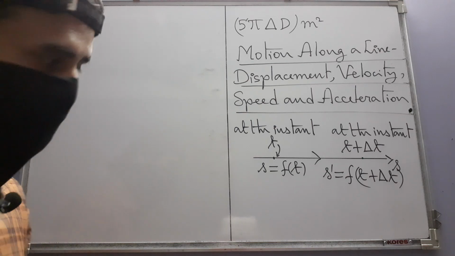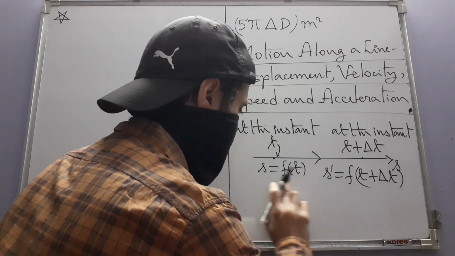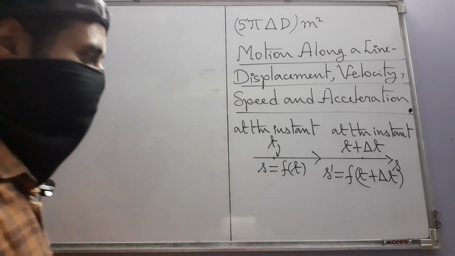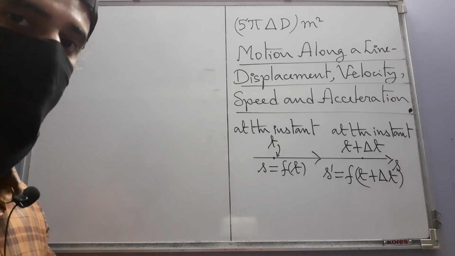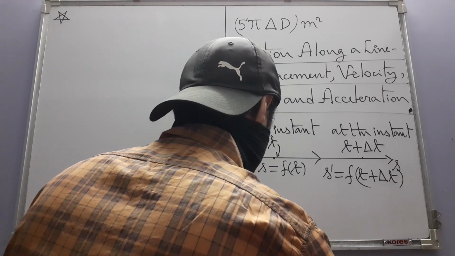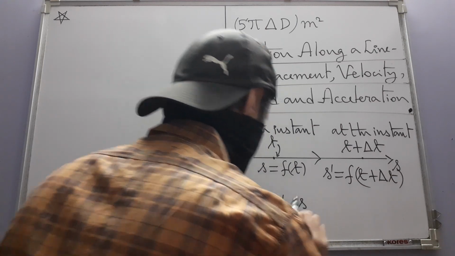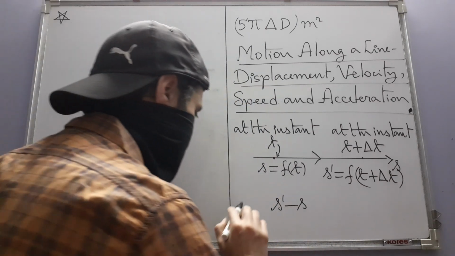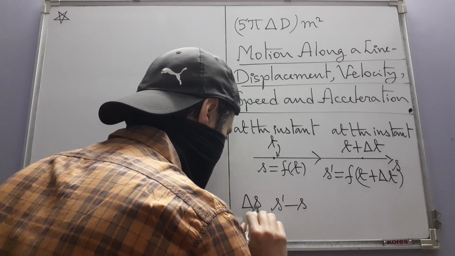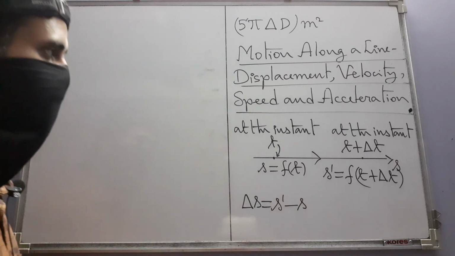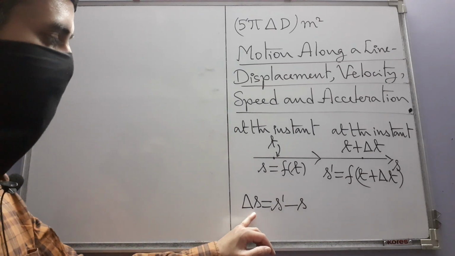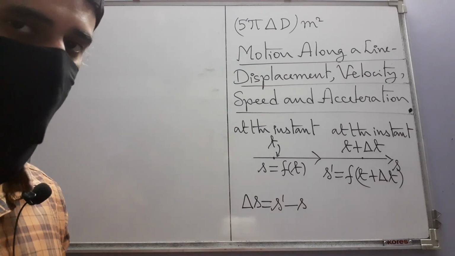Now, if I take the difference of s prime and s and give it a name, the difference is s prime minus s. Say I give this the name delta s, because delta s is a change in s value.